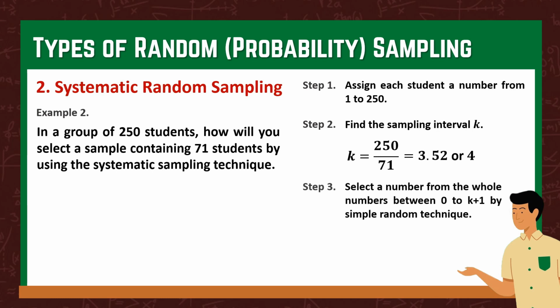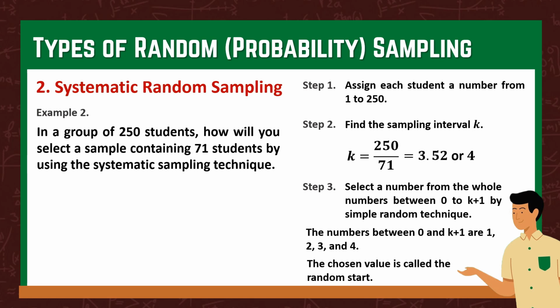Step number 3. Select a number from the whole numbers between 0 and k plus 1 by simple random technique. So in this case, the numbers between 0 and k plus 1 are 1, 2, 3, and 4. The chosen value is called the random start.